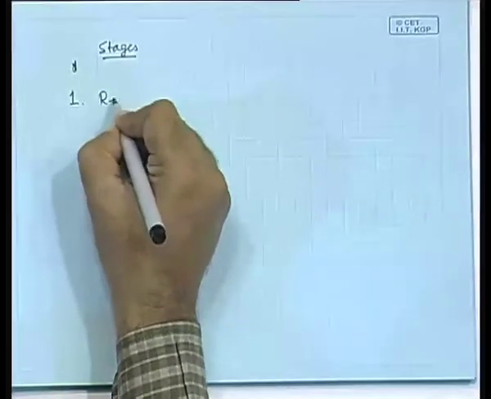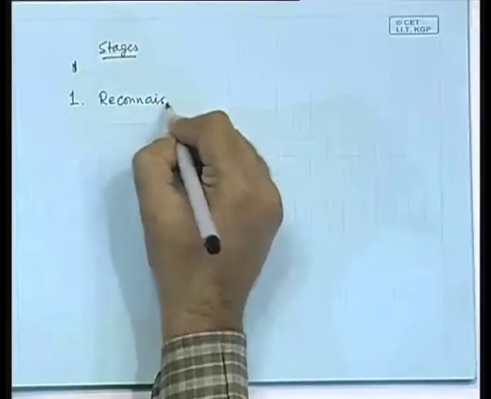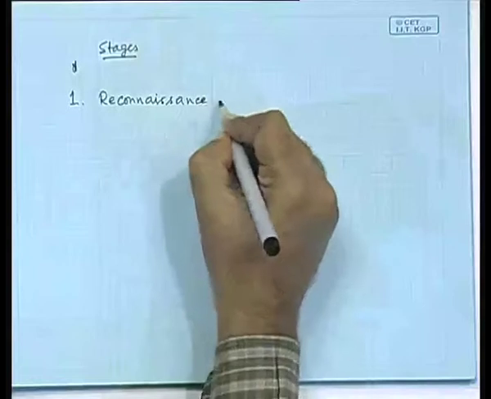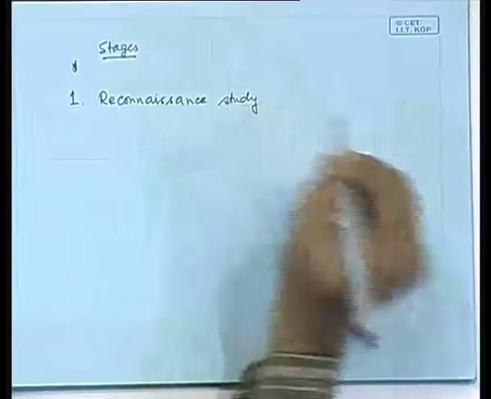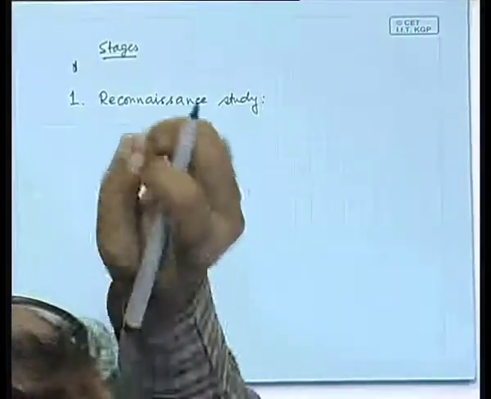And plan is naturally done in stages. First, you have to decide whether you will really go for a good planning or not. Planning also incurs expenditure, you have to do many measurements. So, the first stage is called the reconnaissance study, which is essentially a very preliminary estimate of whether a site is suitable or not.